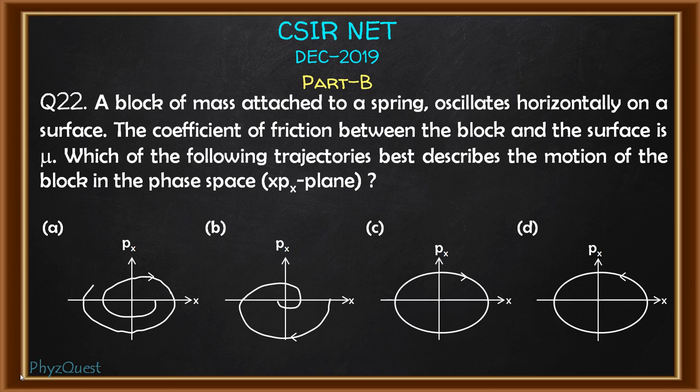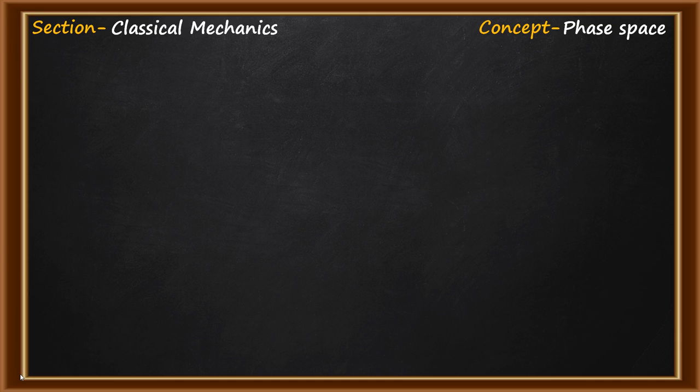So let's get started. This question comes from the section Classical Mechanics and the concept involved here is phase space. To describe a mechanical system, both position and momentum are necessary. Only position with respect to time will give you information regarding the path taken by the system, but no information regarding the motion of the system.